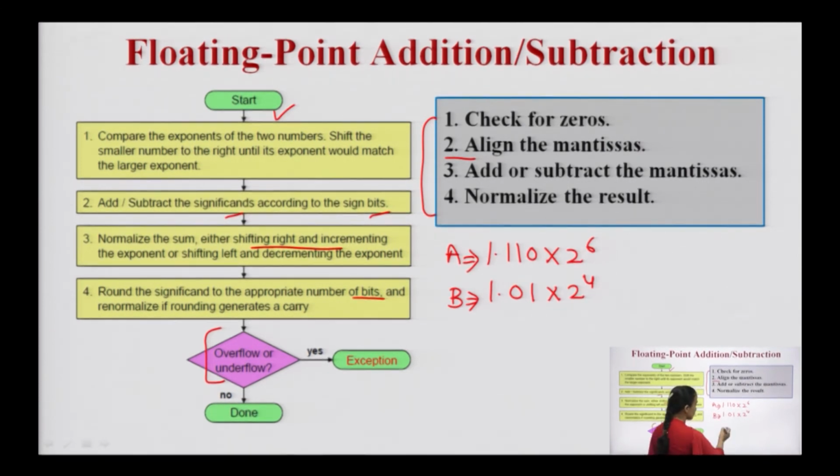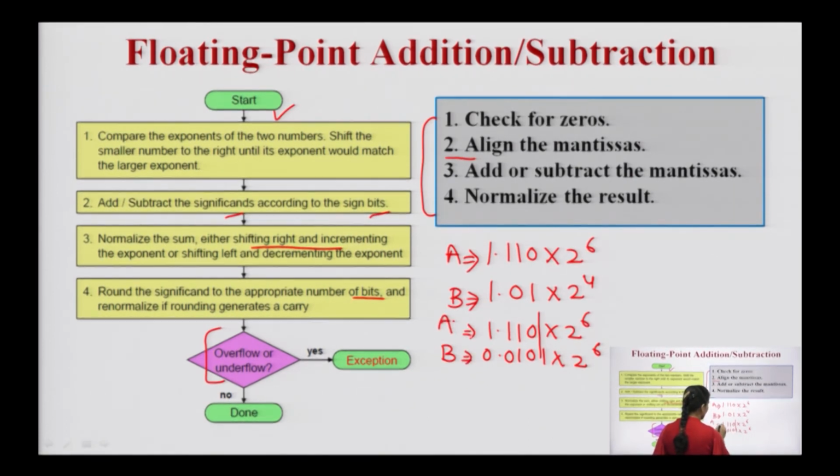So number A will stay the same because 6 is greater than 4, and the second number will become 0.0101 into 2 to the power 6. This will be B now. I have aligned the mantissa.